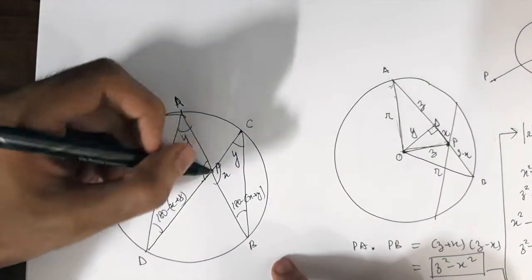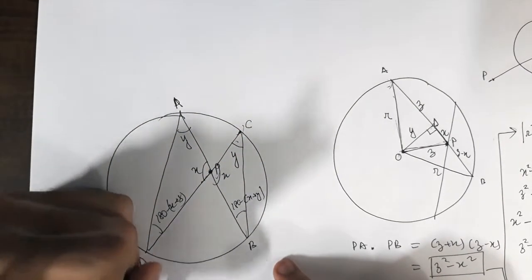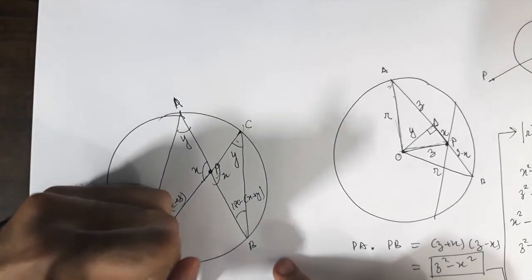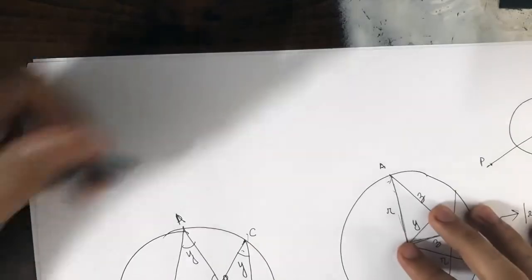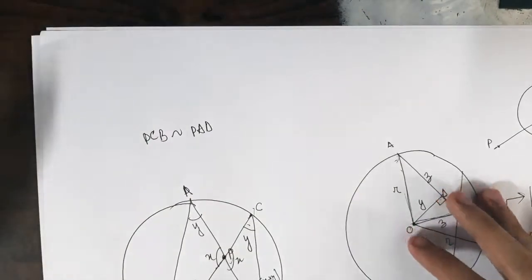So let's try to write down the similarity. We'll go this way, X to Y. So we have PCB similar to PAD.